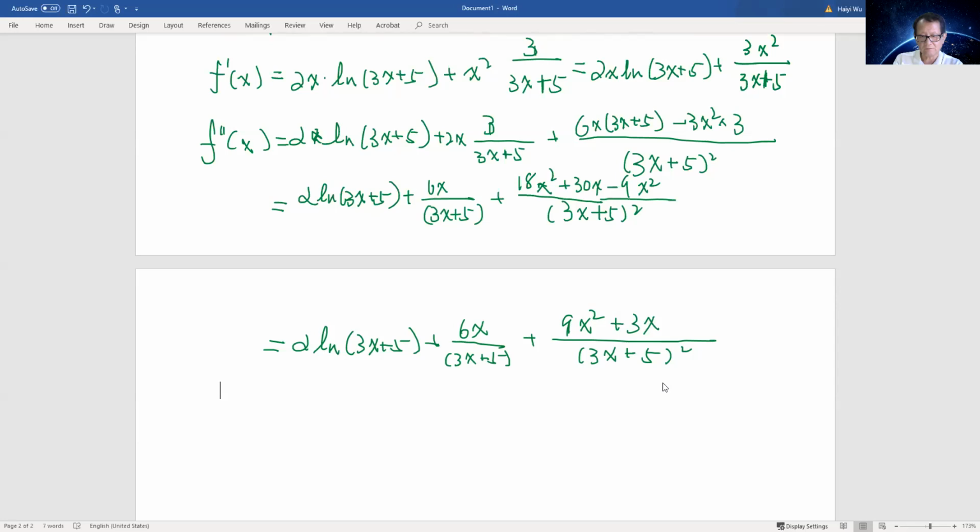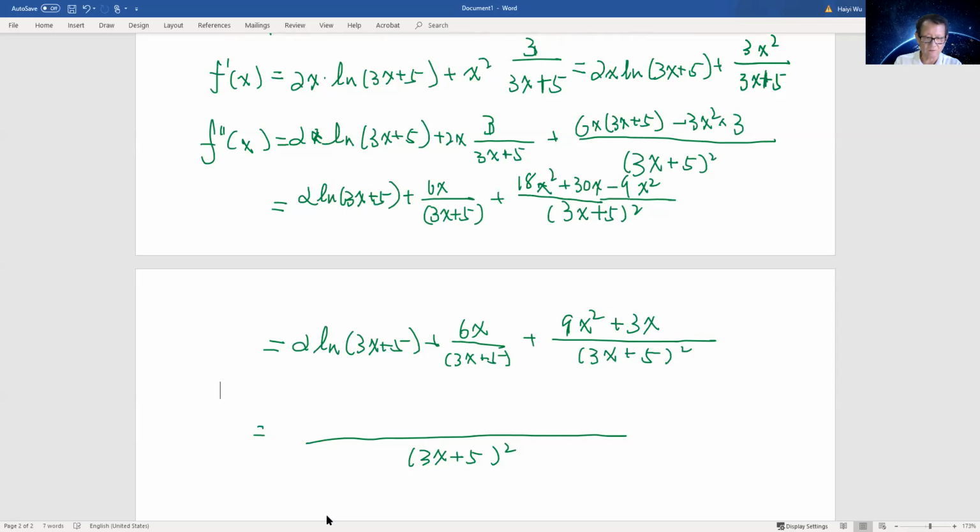So I'm going to simplify it again. If I continue the simplification, we're going to make a common denominator. So it'll be 3x plus 5 squared.